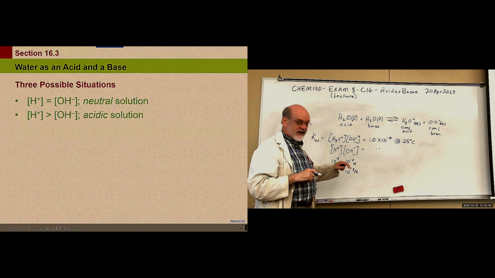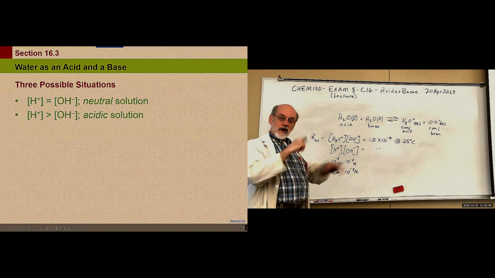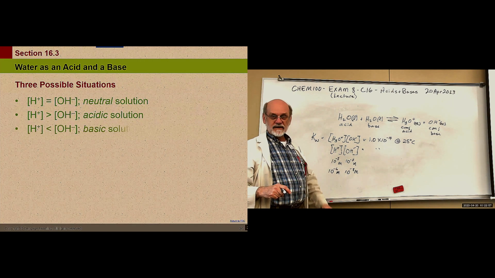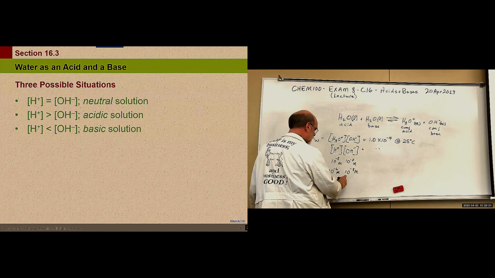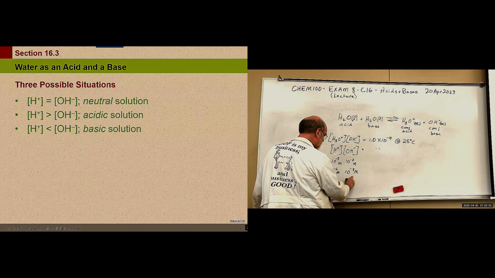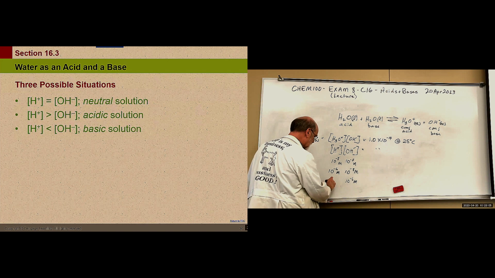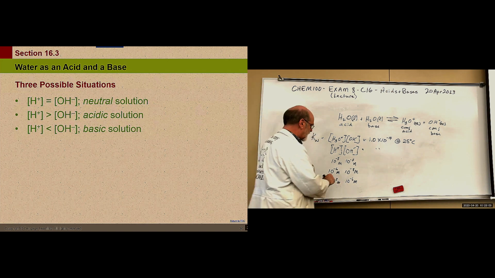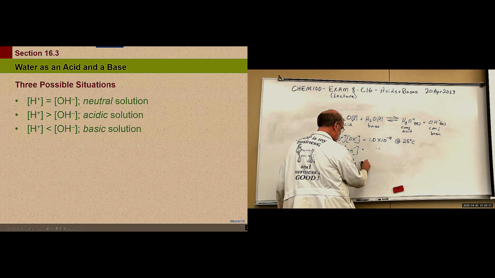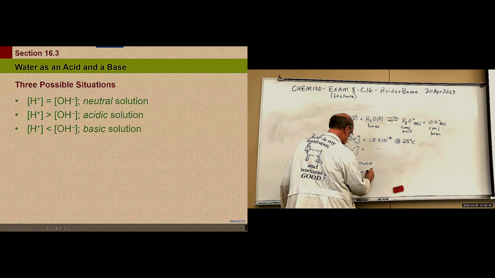This one is bigger than that one. If we go the other direction, where the hydroxyl is greater than the hydrogen ion, say this one's 10 to the minus 6, this one has to be 10 to the minus 8. Now you have a basic solution. This is neutral. This is acidic. And this is basic.